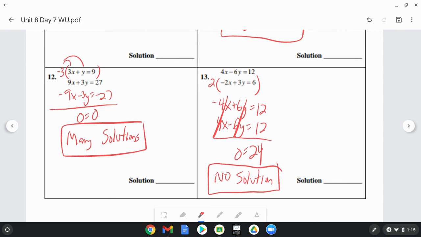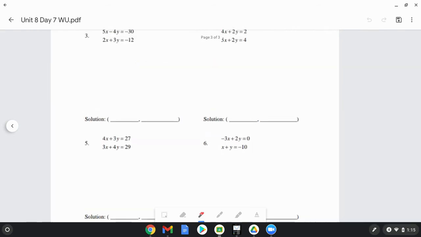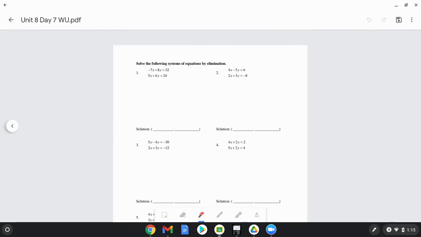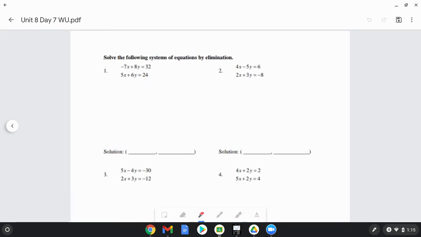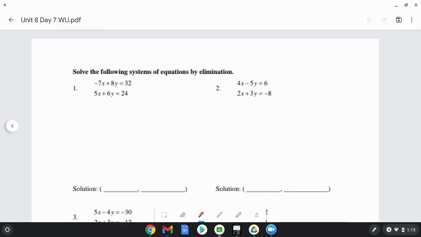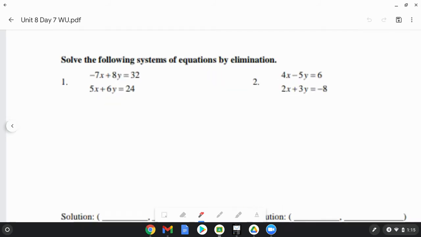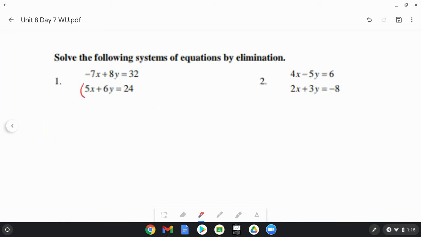All right, and then the last page, I think, has got some mixtures now. So we'll do a couple mixtures here. I think we talked about multiplying the top by the number on the bottom and the bottom by the number on the top, making sure at least one of them is negative. So one of them is already negative, so I don't have to worry about multiplying by negative.